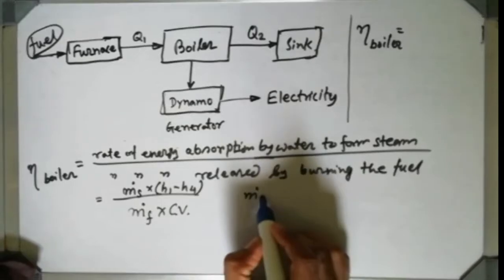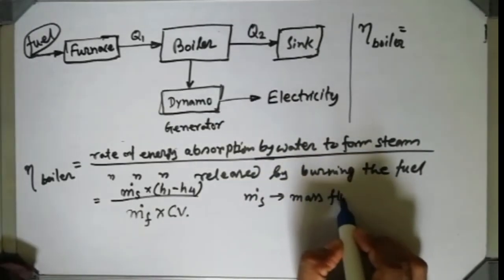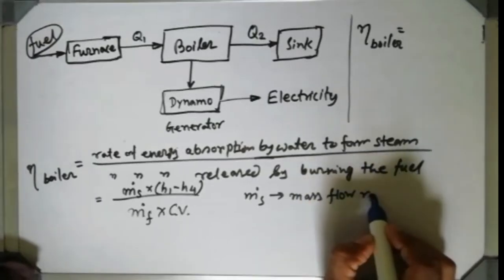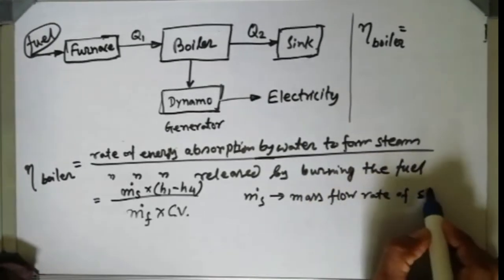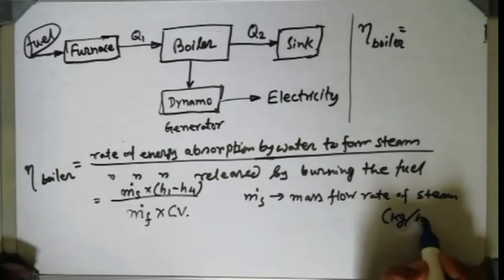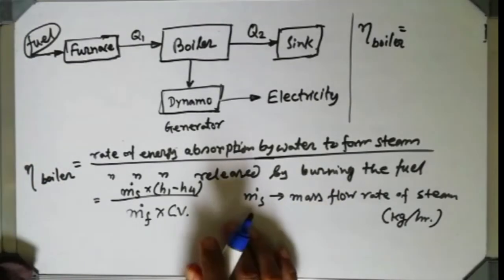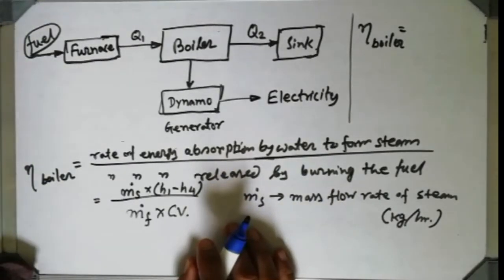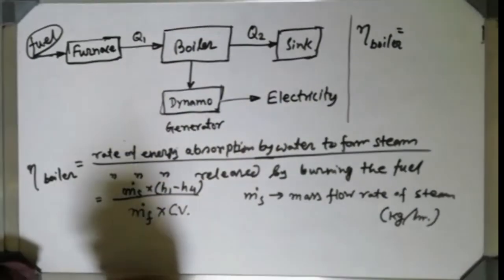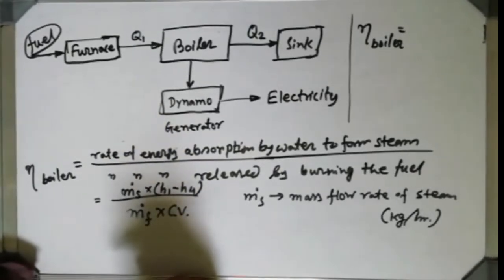Here m dot s, that is the mass of steam or mass flow rate of steam. It is also expressed in kg per hour. So in terms of 1 hour, how much steam you are generating, that is m dot s. And H1, H4, the same specific enthalpy, they are gettable from steam table.